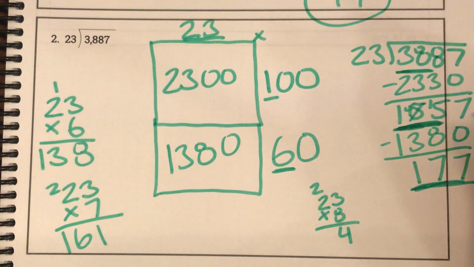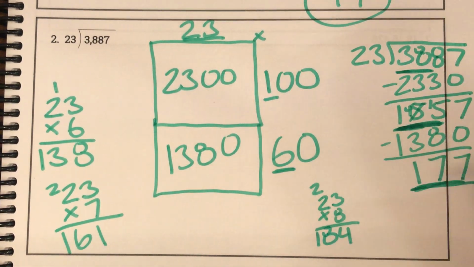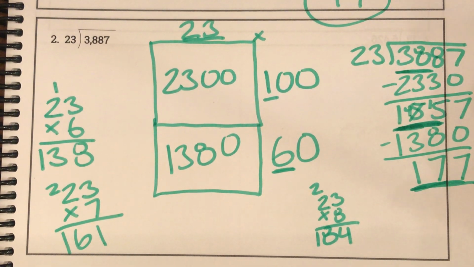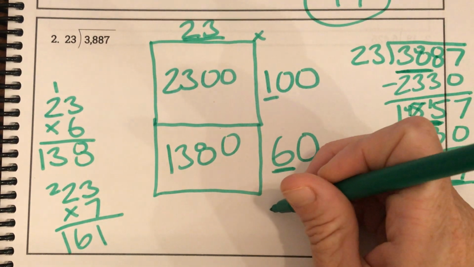So let's write that. So that's way too big. So I'm guessing it has to then be the 7, because otherwise it'd be too big if we went ahead of it. It'd be too big to go any more than that. So we know it has to be the 7.